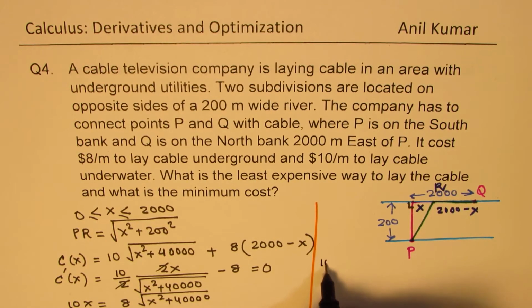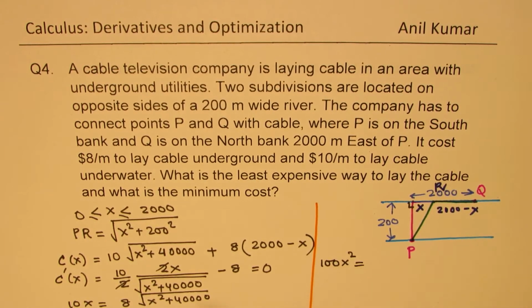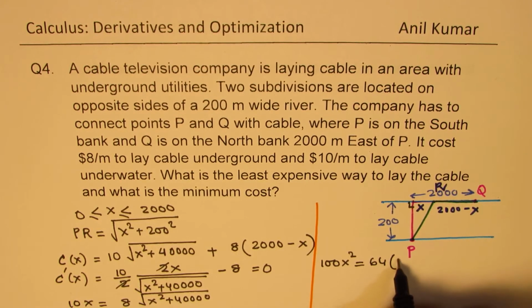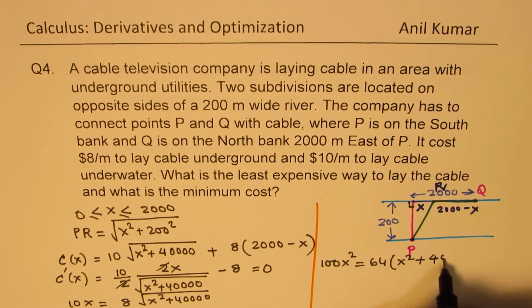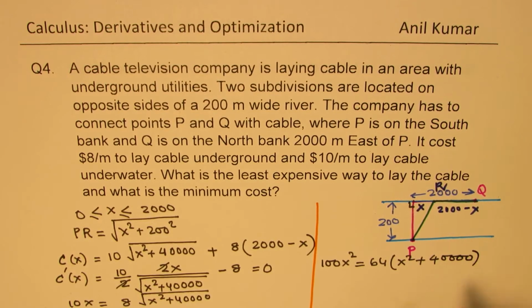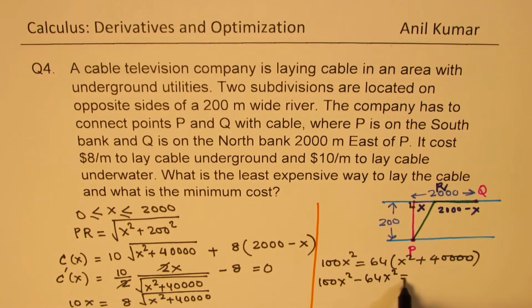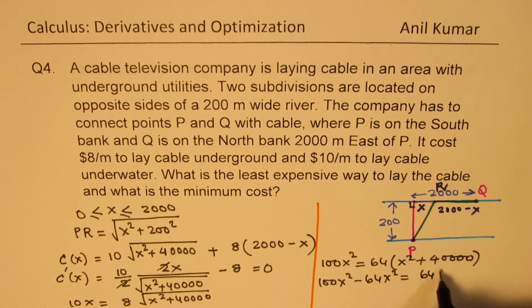So we get 100x squared equals, squaring, 8 squared, 64 times (x squared plus 400). So we can take the x squared terms to this side. So we get 100x squared minus 64x squared equals 64 times 400.